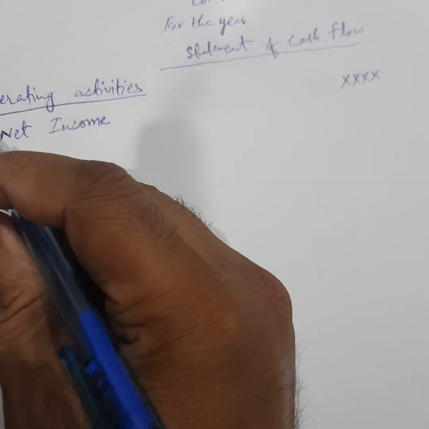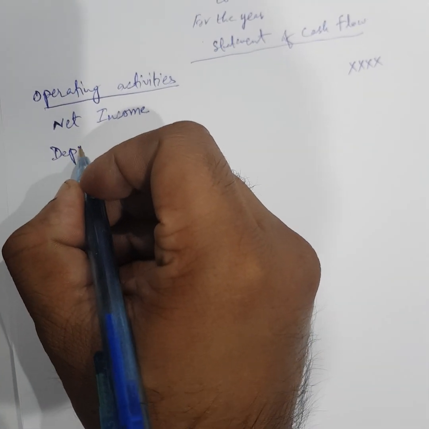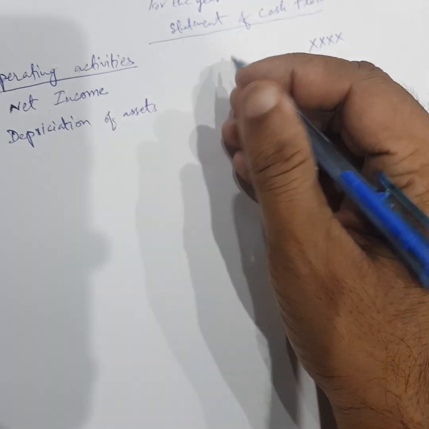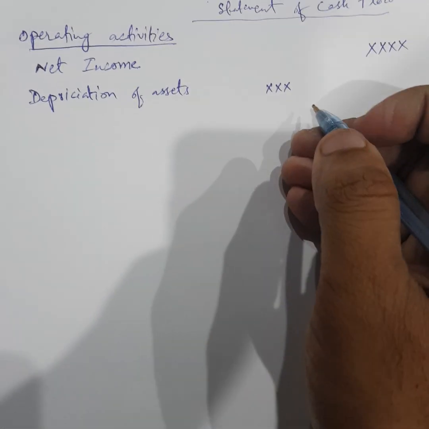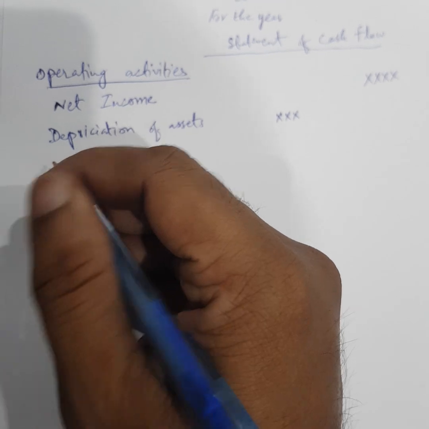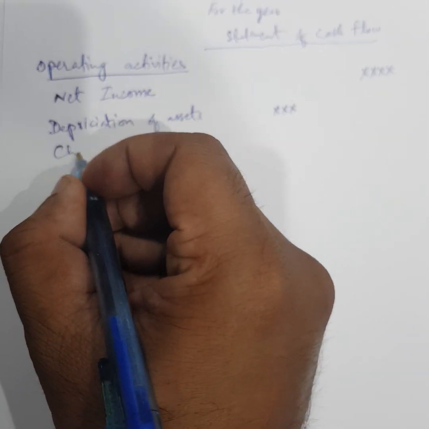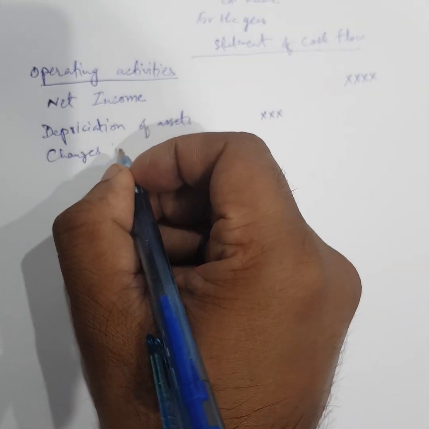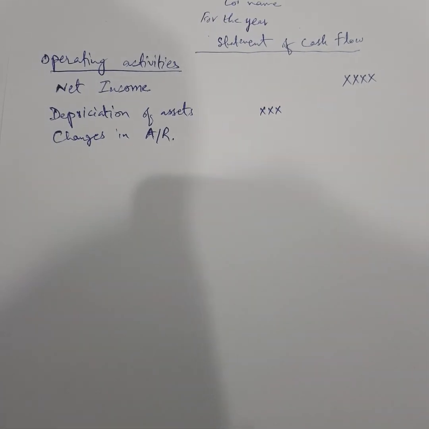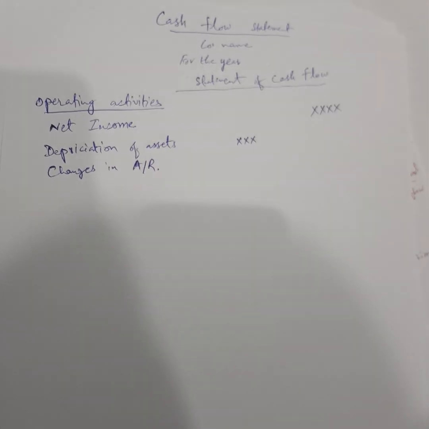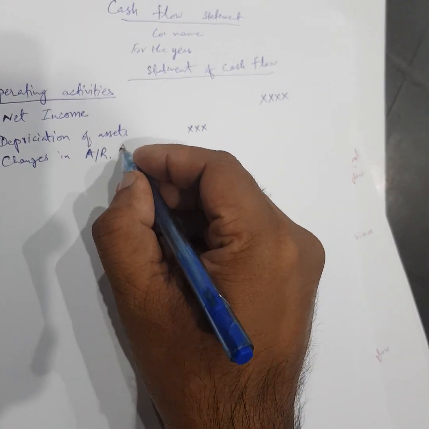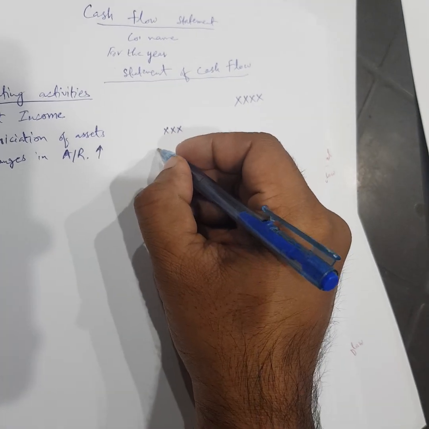then depreciation of assets. Now if we say changes in account receivable, remember by the use of source and use terms, we have decided whenever our account receivable will increase, our cash will go out.